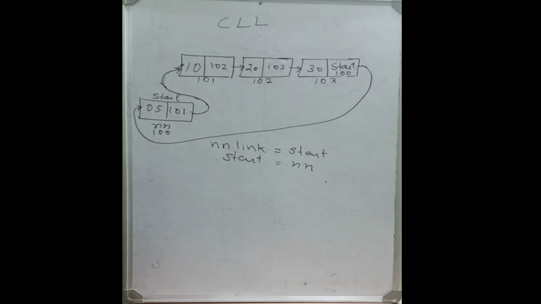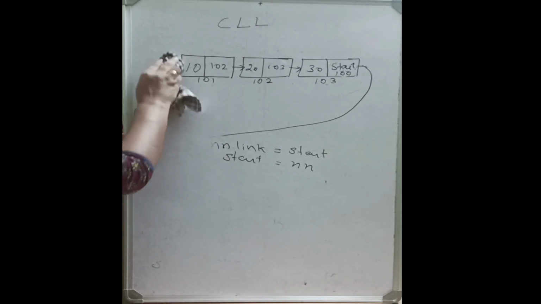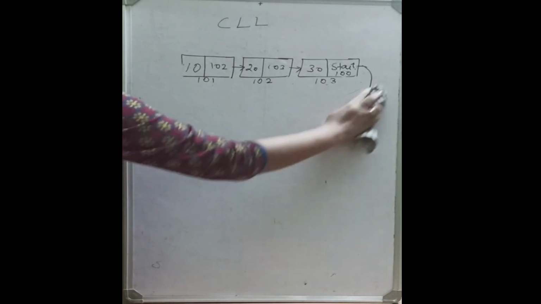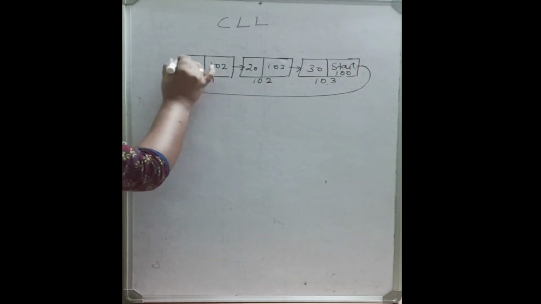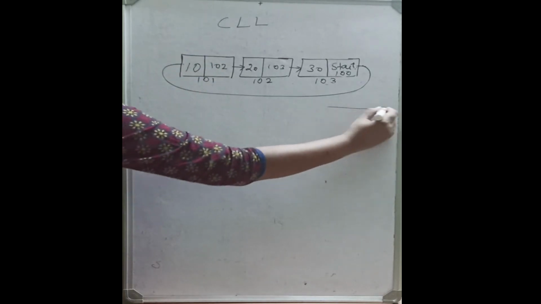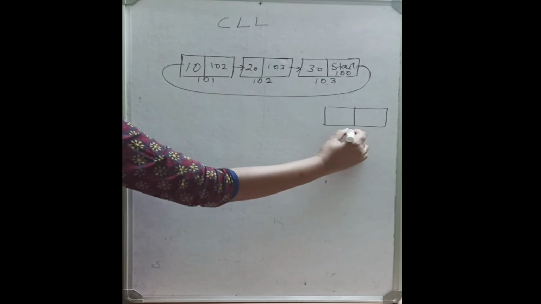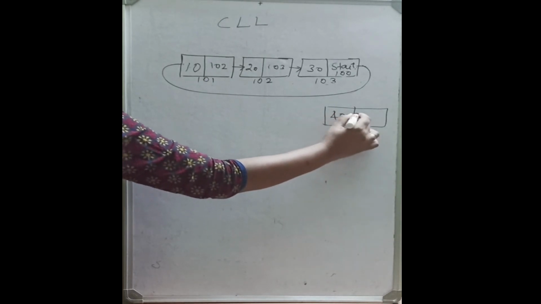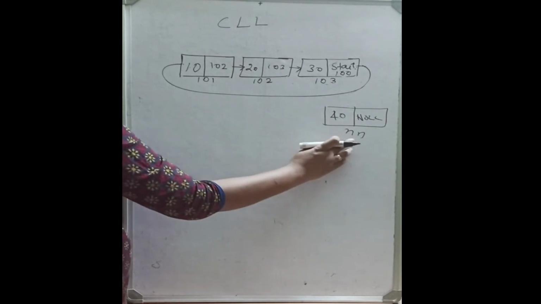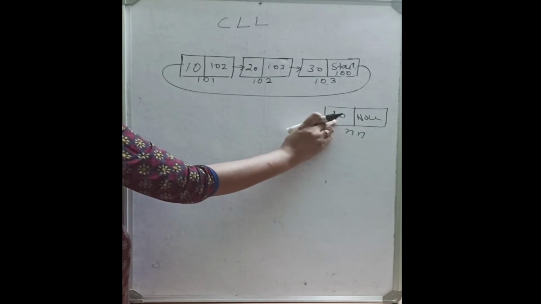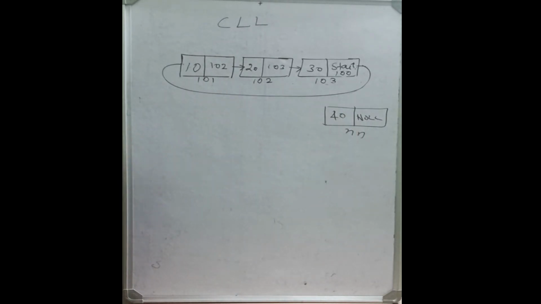So how to insert at the end in a circular linked list? Now we are going to insert a node at the end. This is my new node. My value is 40 in the data field, and I stored a null value in the link field.